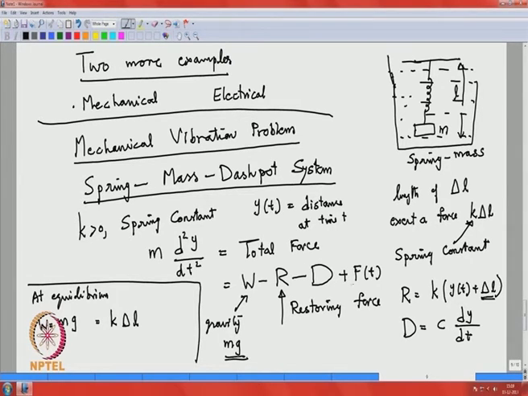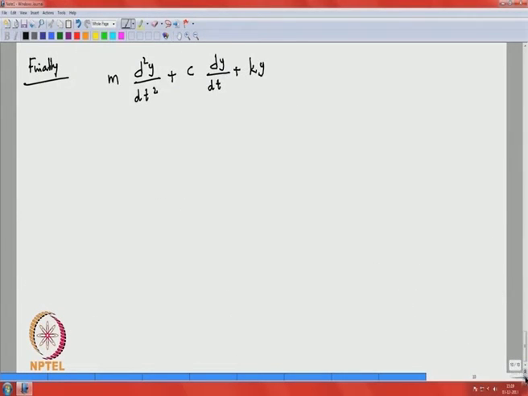I have taken the sign, so it will come here with a minus sign, and the other terms will get cancelled, leaving only one term, equal to f of t.